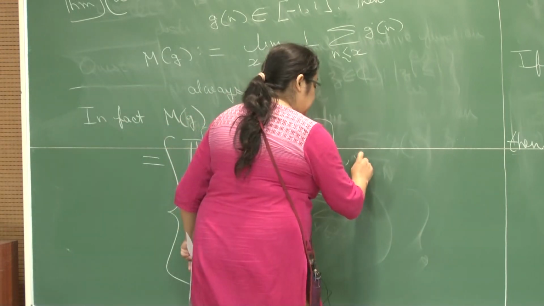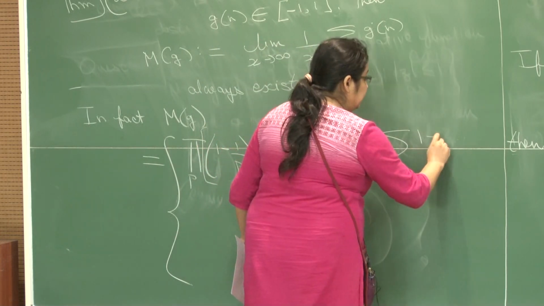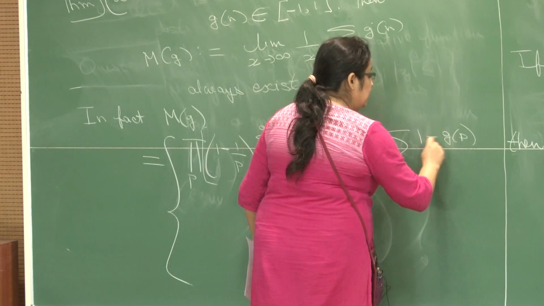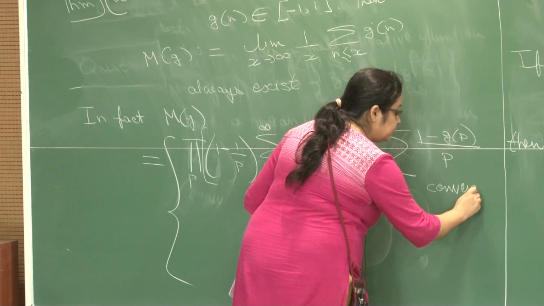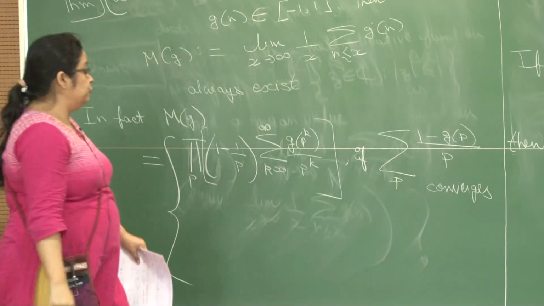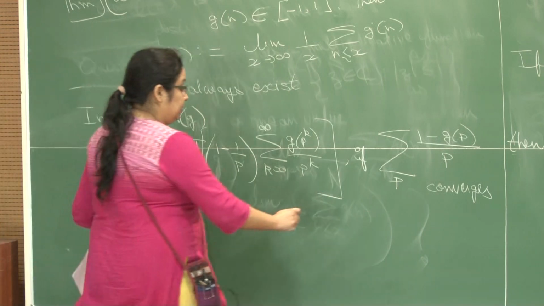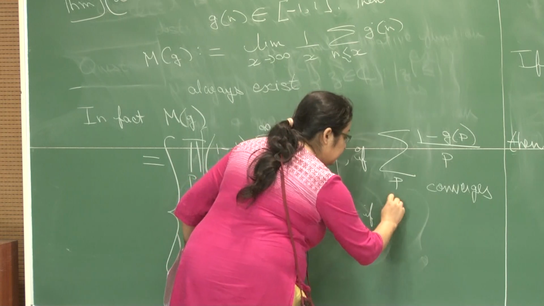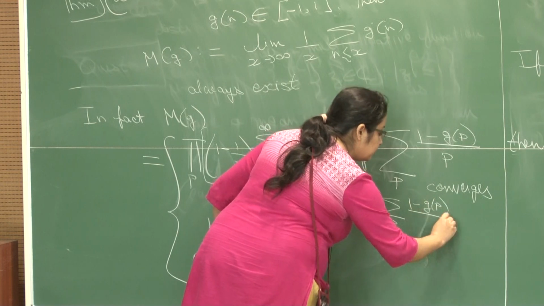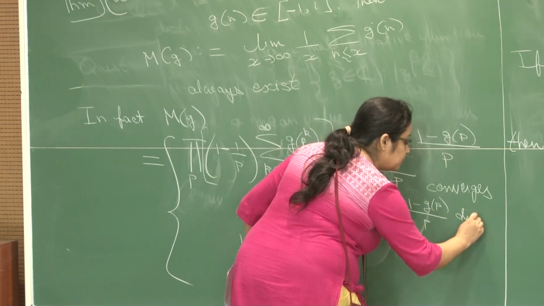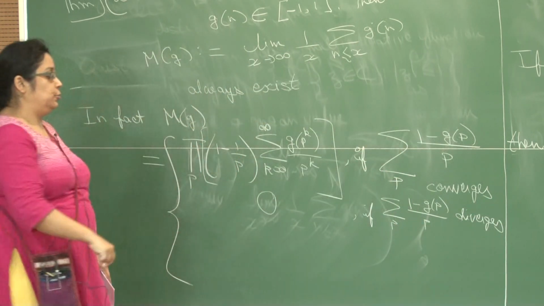If the following series, summation of 1 minus g of p over p, where p is running over all the primes, converges; and in case this series does not converge, then the mean value is just 0.